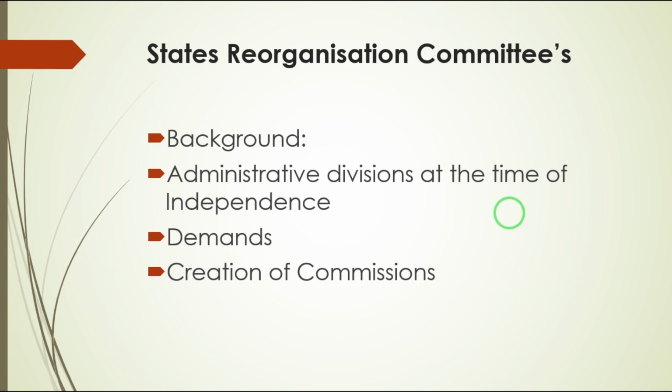And in 1950, the constitution had a fourfold classification of the states, a total of 29 of the Indian Union: Part A, Part B, Part C and Part D states. What were these parts?